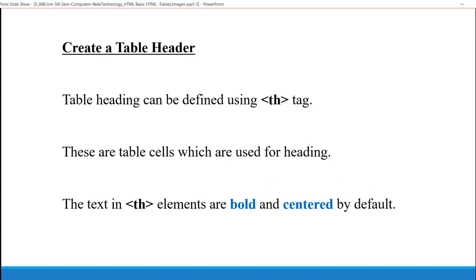Next one is the table header. The tag that is used for representing a heading is the th tag. These table cells which are used for headings, the text in heading elements is bold and centered by default. If I place the text in the th tag, the text will appear bold and the alignment is center by default.